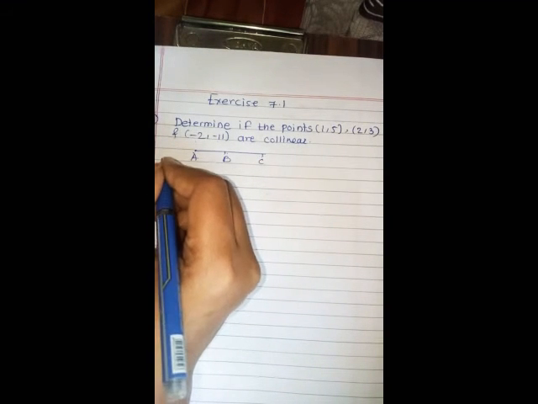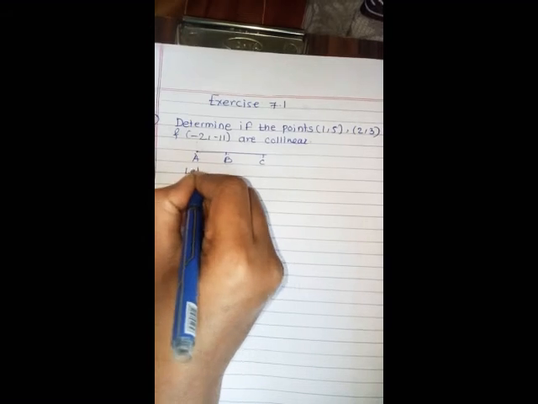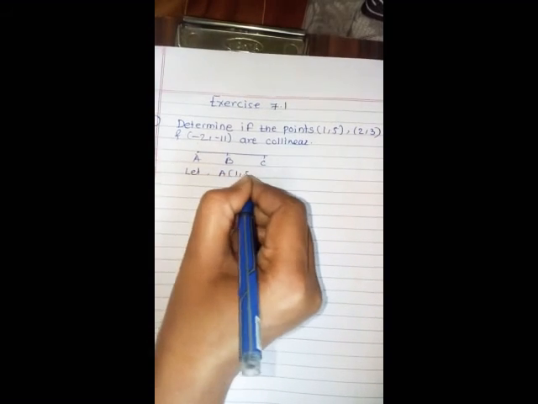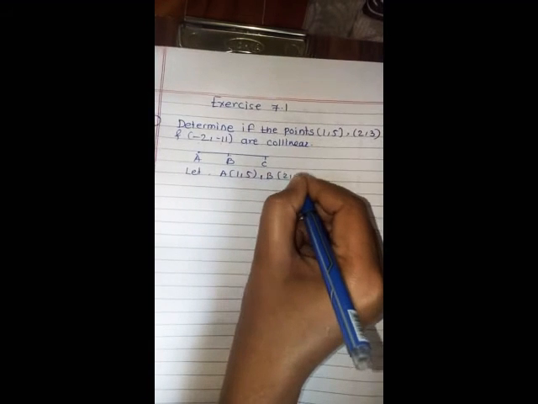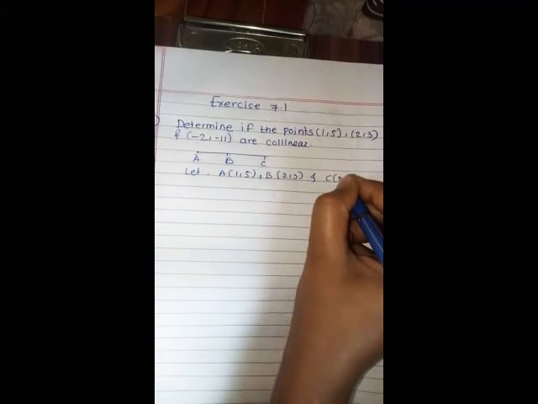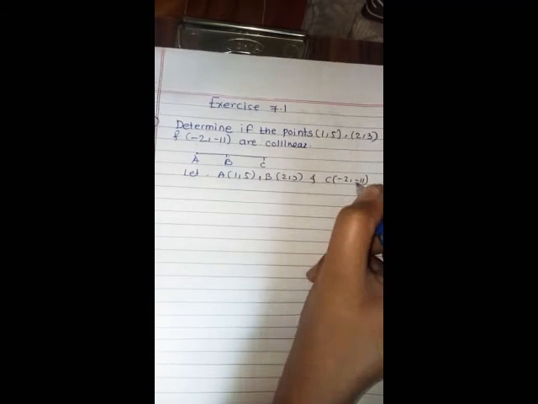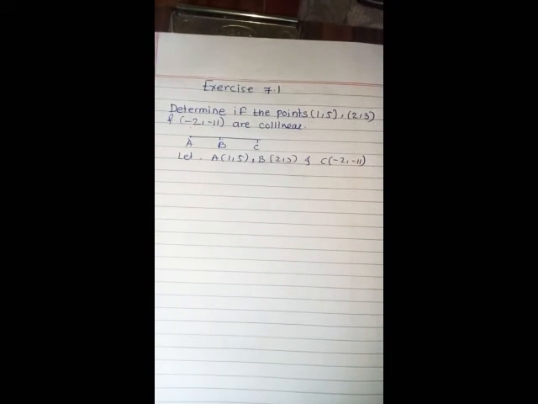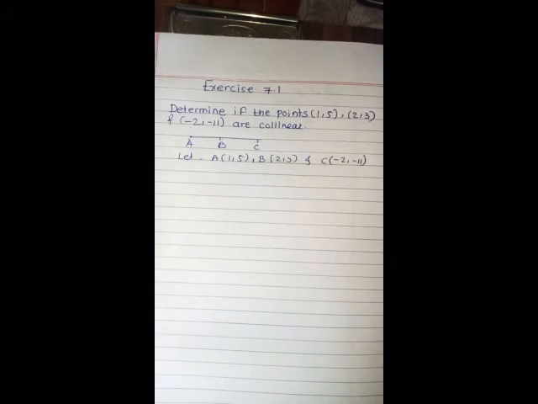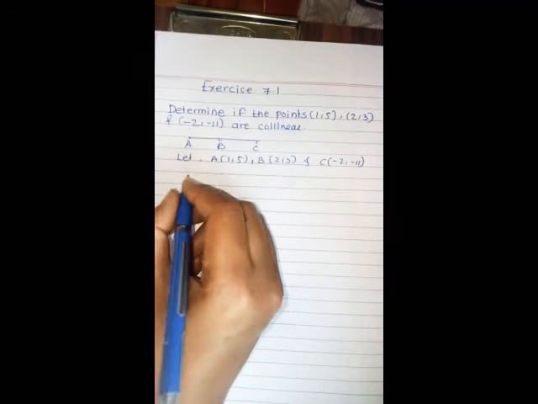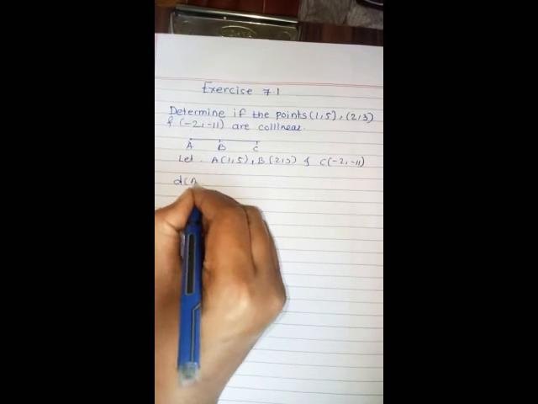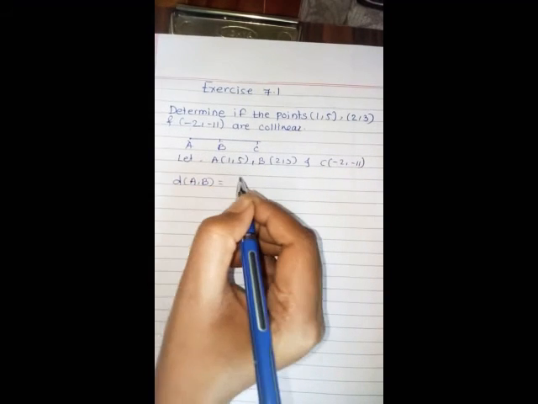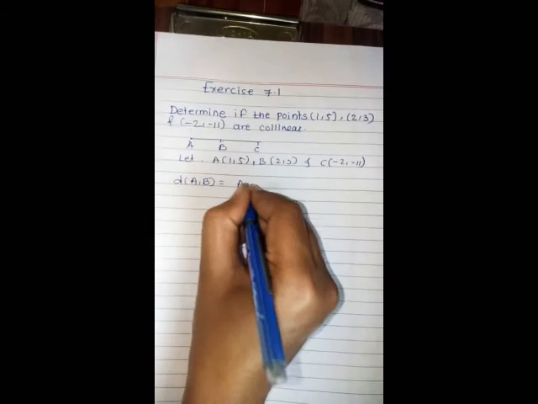So let A(1, 5), B(2, 3) and C(-2, -11) be the three points. We have to determine whether these three points are collinear or not. First we find the distance between points A and B. We write this distance as D of AB, or simply AB.